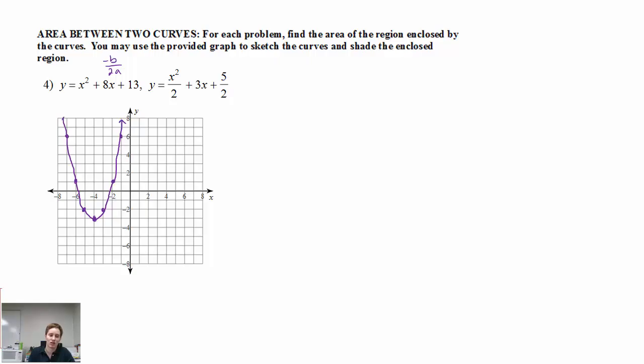Our next one has x squared over 2, which, just so you know, makes this wider. Our vertex for this one is at -3, -2, which is right here. So since it's wider, that means it only goes up a half right here, and then it only goes up 2 total from our vertex on either side here.